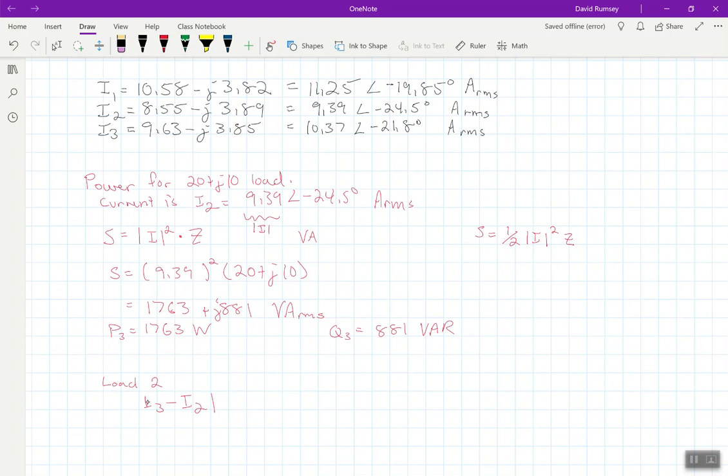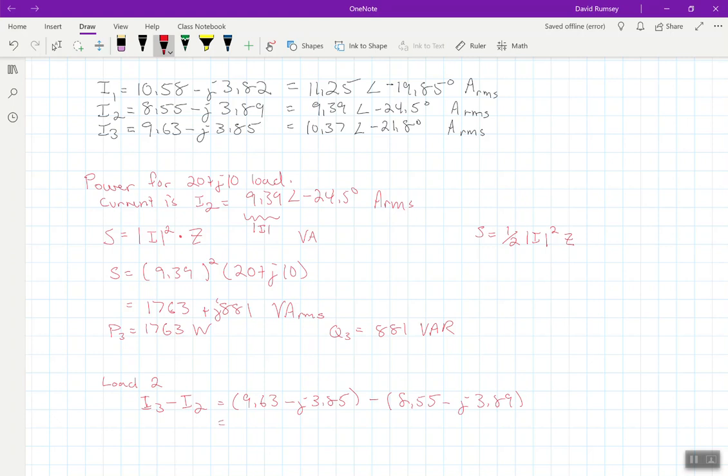Now, I like to do that in rectangular format for adding and subtracting. So I'm going to say I3, which is 9.63 minus J3.85, minus 8.55 minus J3.89. It's I3 minus I2.